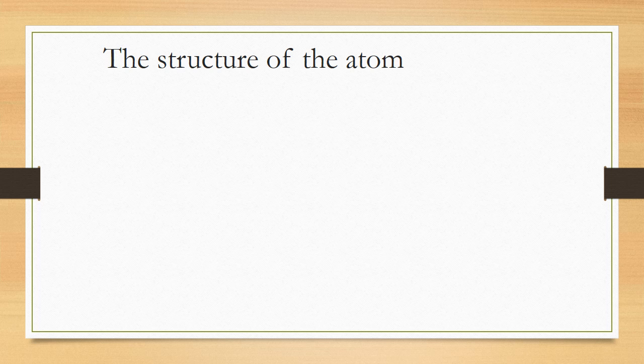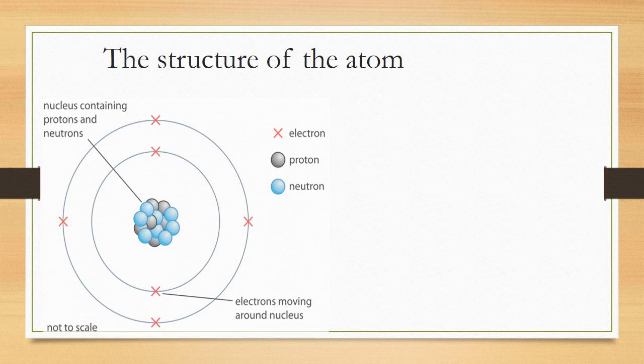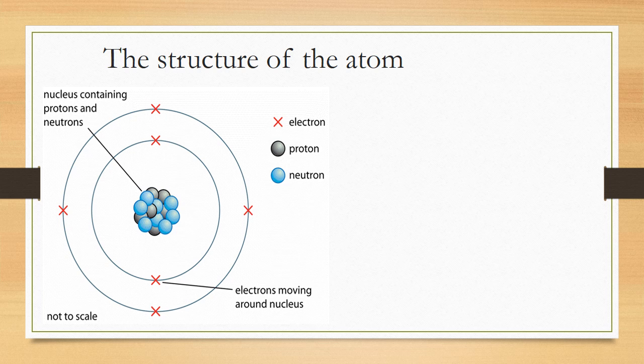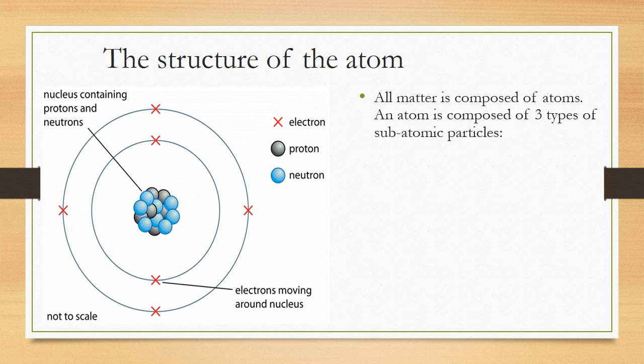So we're now going to look at the structure of the atom. So here is the structure we use, the model. In the structure of the atom we're going to use in GCSE Chemistry, all matter is composed of atoms, and it's basically made of three different subatomic particles: the proton, the neutron, and the electron.